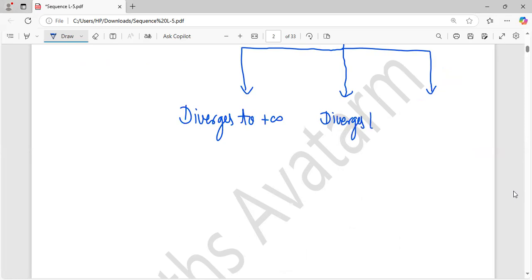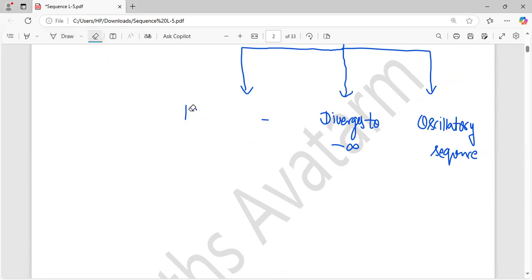Second type is diverges to minus infinity, and oscillatory sequences. So we have three types of divergent sequences.